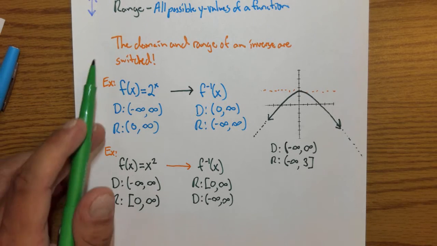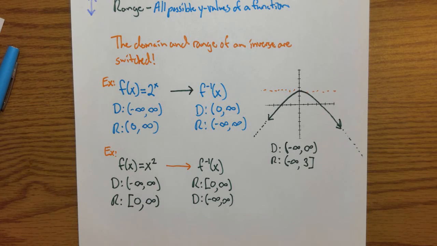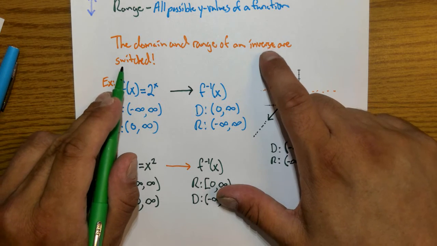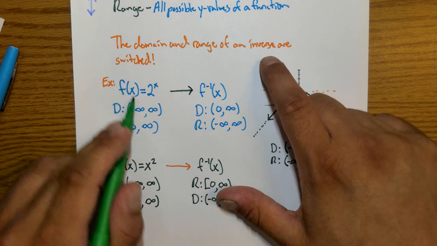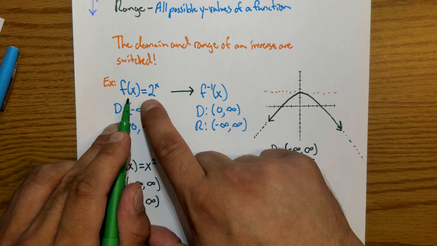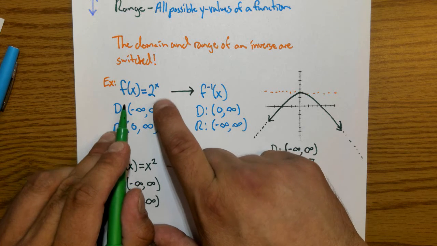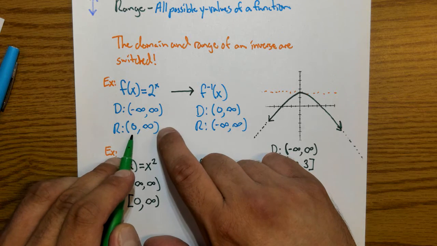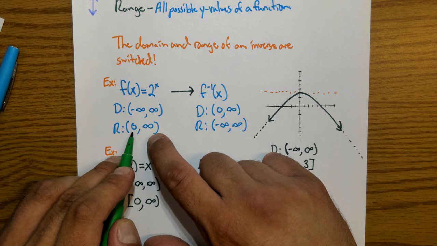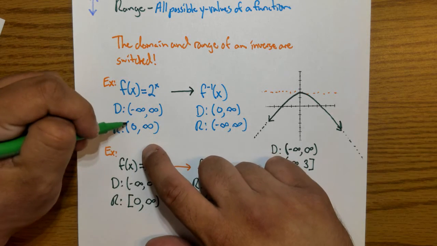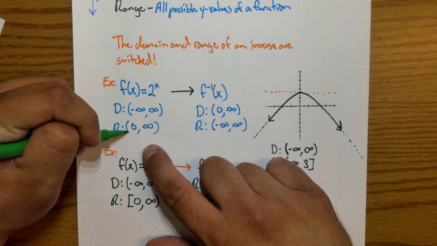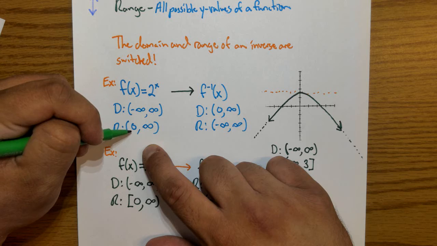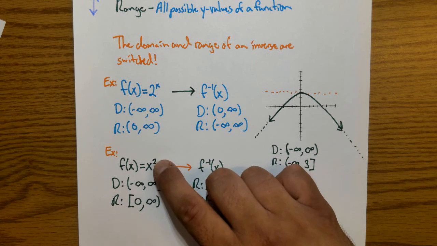So let's talk about the domain and range of an inverse now. So the domain and range of inverses are switched. This is a very important thing to remember. Say we have this function f of x equals 2 to the x, and I'm telling you its domain goes from negative infinity to positive infinity, and its range goes from 0 to infinity. Now, I am using not a bracket here, I'm using a parenthesis because it doesn't actually reach 0. It gets infinitely close to 0 but doesn't actually reach it.